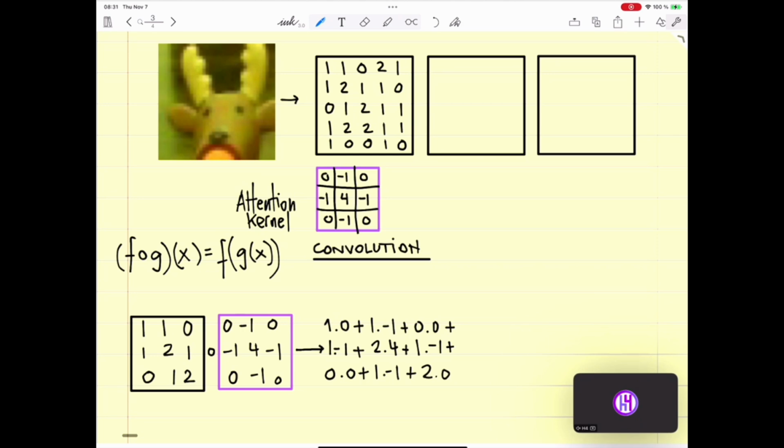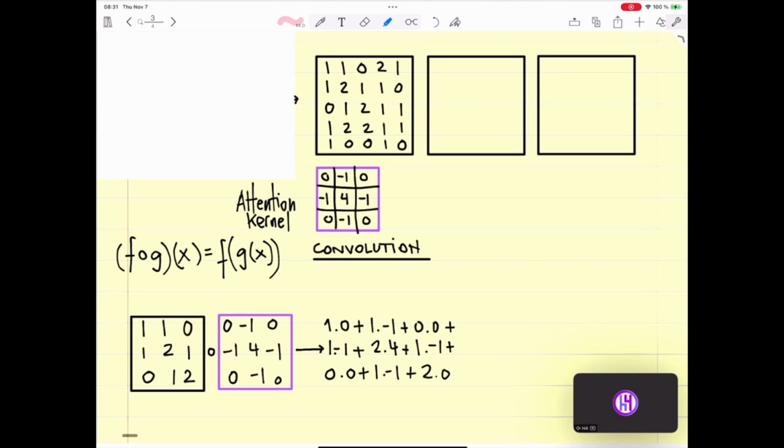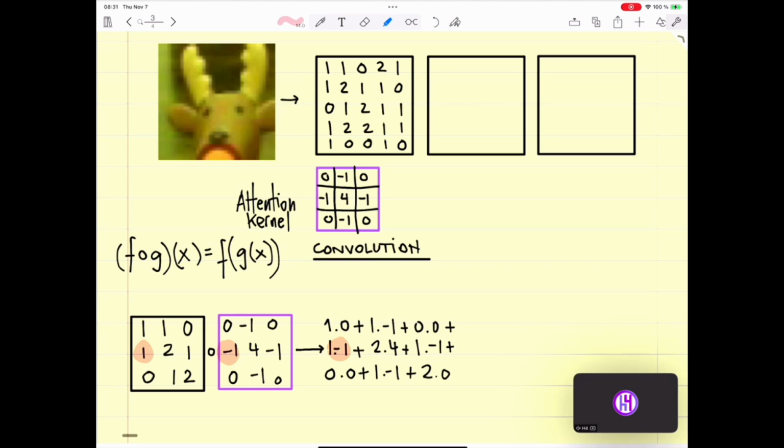So I'm just multiplying each element to the one in there. So 1 times 0 is 1 times 0. 1 times minus 1 is 1 times minus 1. And so on. 0 times 0 is this. And we add it all. 1 times minus 1, 2 times 4, and so on and so forth.